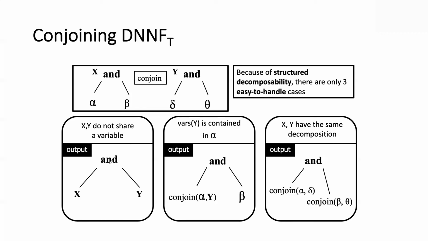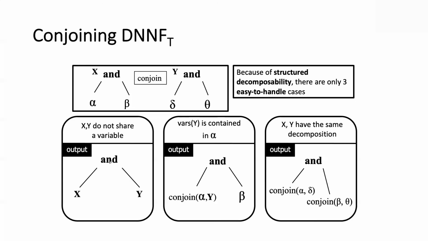So let's end this with one observation. How do you use this? One way you can use this is to compile formulas, right? Suppose I give you a CNF and I tell you I want to compile the CNF into a structured decomposable circuit.